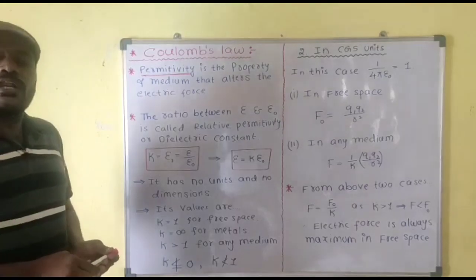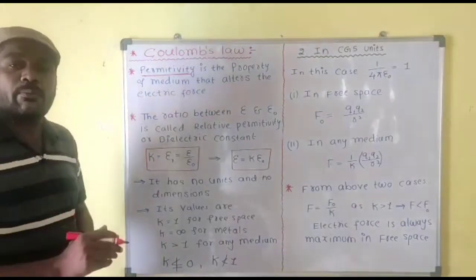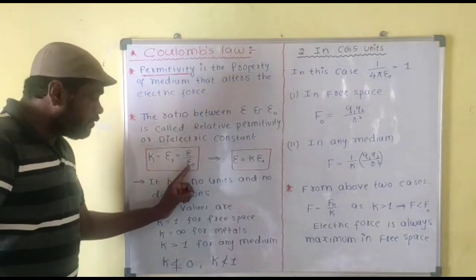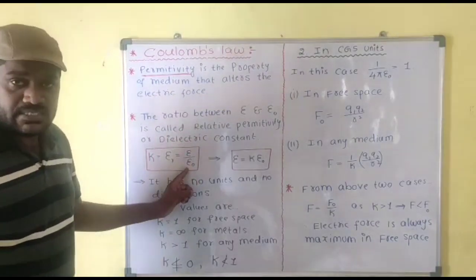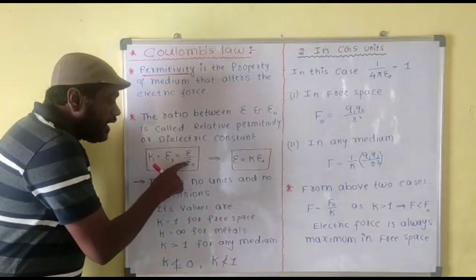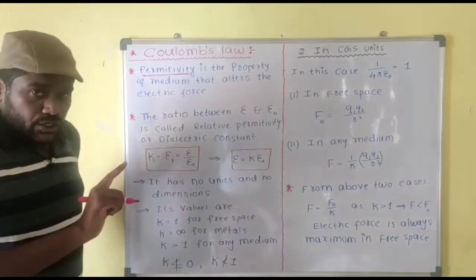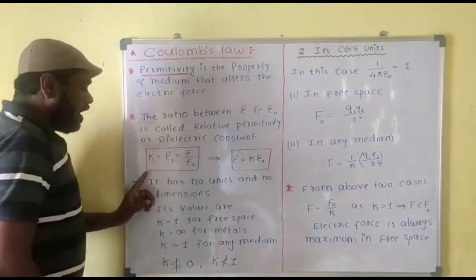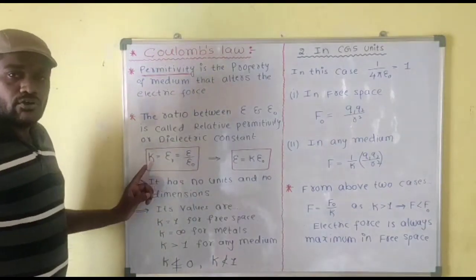Now, what is the relative permittivity? It is the ratio of the permittivity of the medium to the permittivity of free space. The order is very, very important: it is epsilon by epsilon naught, not epsilon naught by epsilon. Please be careful about the ratio, and this is called the dielectric constant.